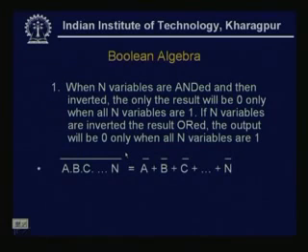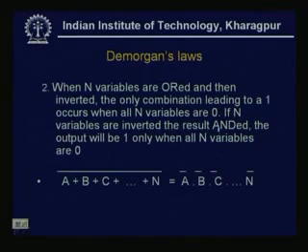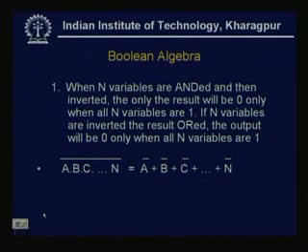The first one: when n variables are ANDed and then inverted, the result will be 0 only when all n variables are 1. If n variables are ANDed and inverted, the output will be 0 only when all n variables are 1.